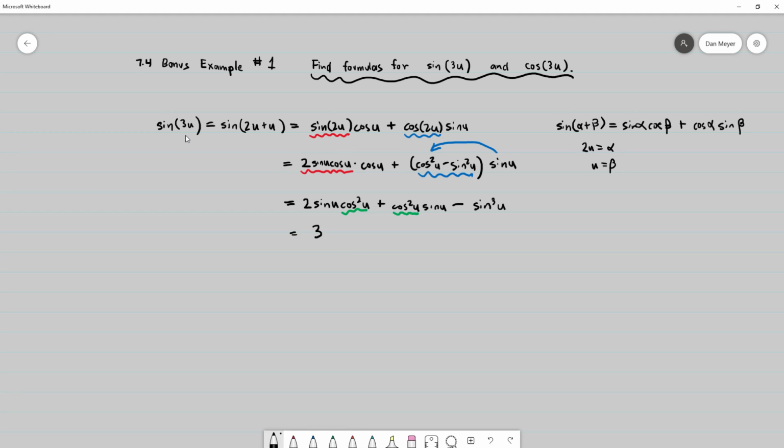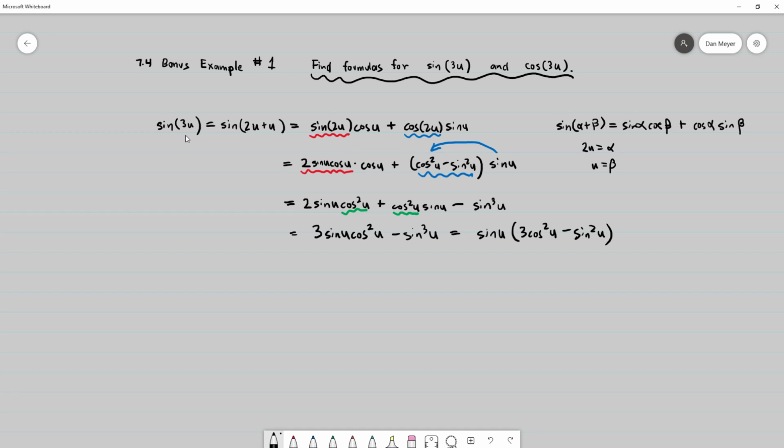This is 3 sine u cosine squared u, because these are the same term. So one thing that we could do is just factor out a sine and write this as sine of u times 3 cosine squared u minus sine squared u. So that's one thing that we could do.